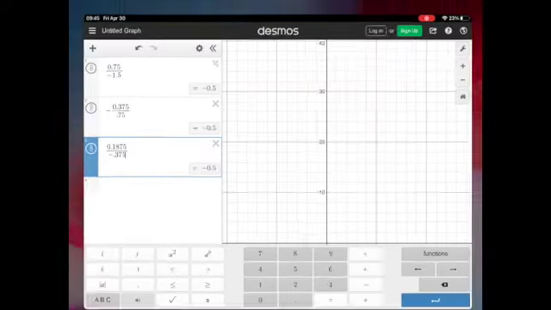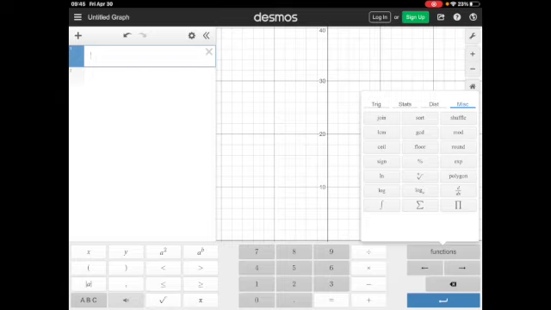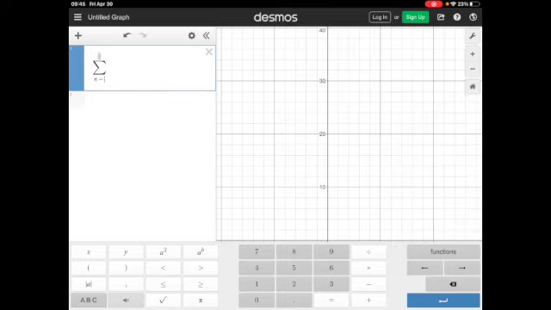So if you go to Desmos and you go to functions, you will notice under the miscellaneous tab, there is one of those symbols. From there, you type what is there.